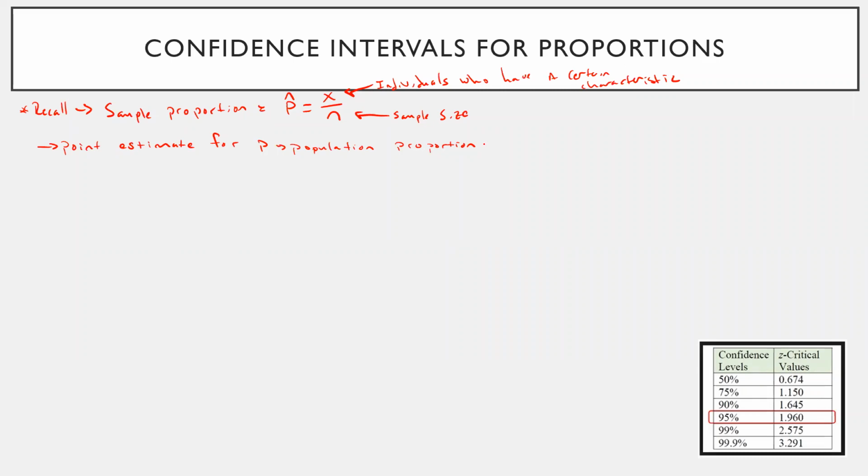Okay. So just like for means, a point estimate is a great single value estimate, but probably not the real value.